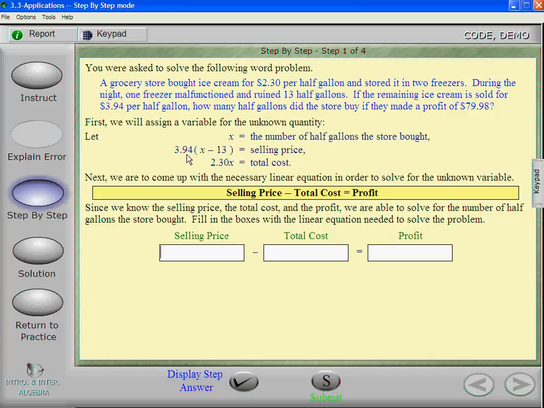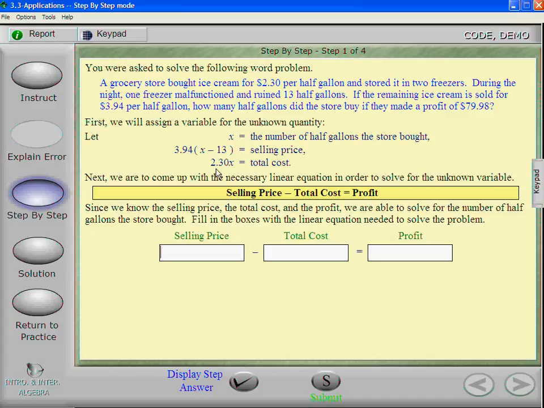If you're talking about 3.94 times x minus 13, that's talking about how much was sold there. Yeah, the 13 gallons were ruined. So 13 less from the original was sold at 3.94 per. That's going to give you not the price per thing, but the total that was sold, the selling price.